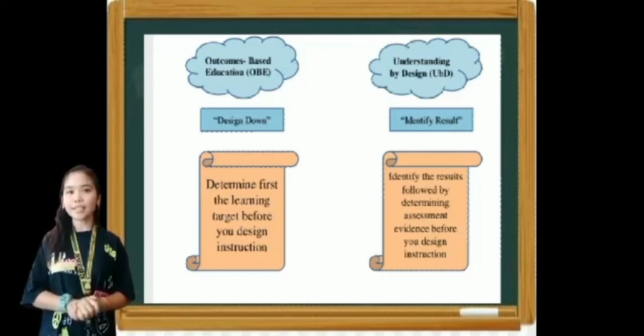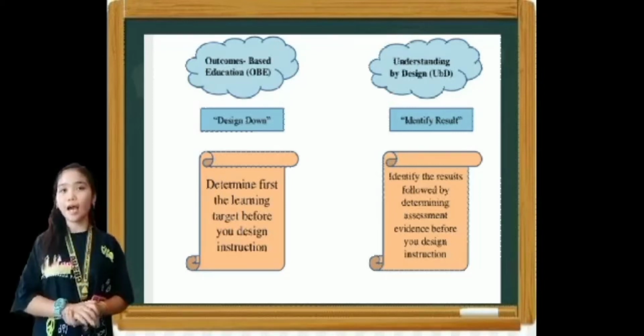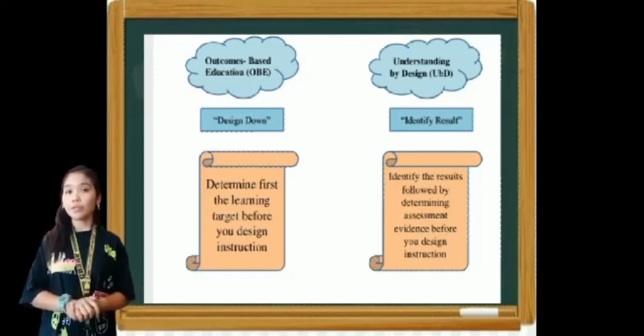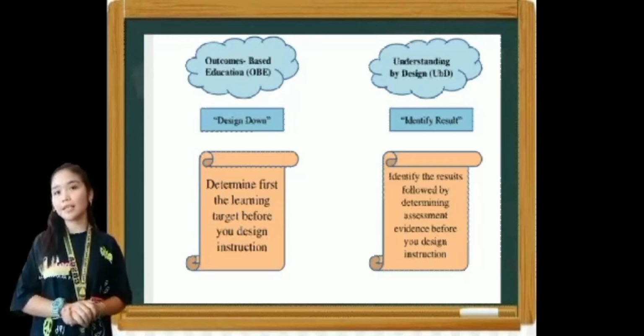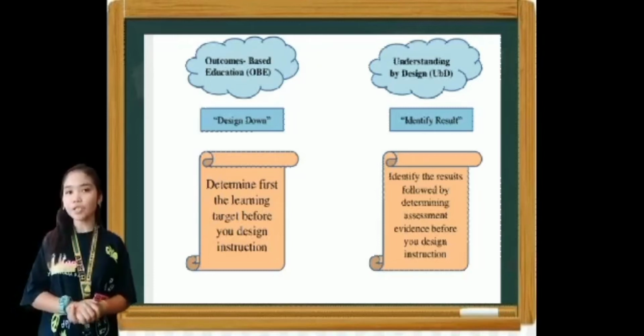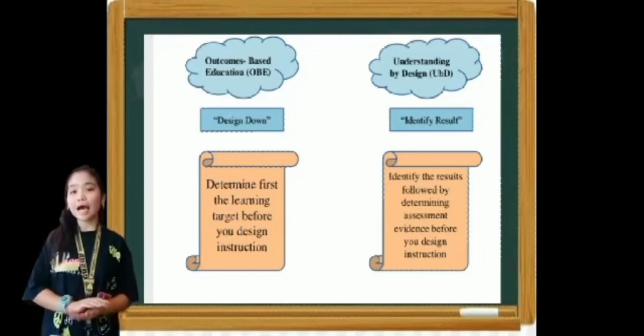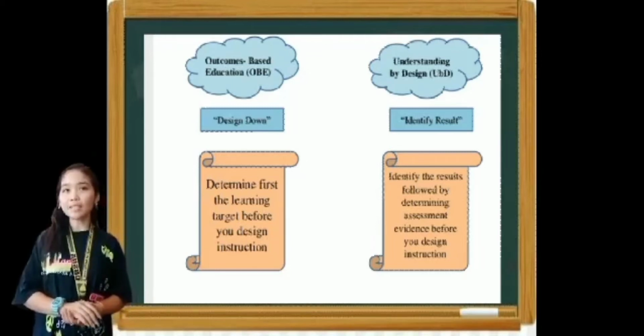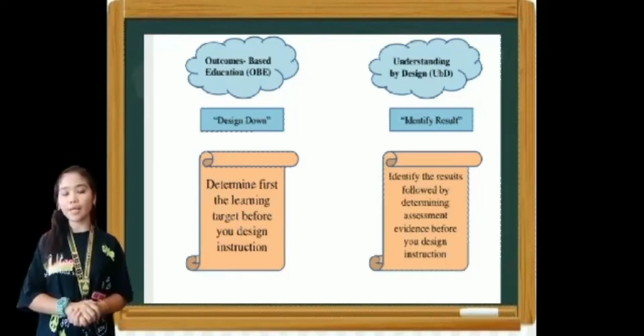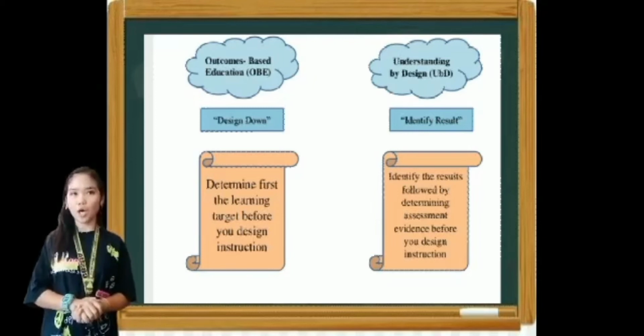While understanding by design is to identify the results, followed by determining assessment evidence before you design the instruction. That's how the two practices of instructional planning differ from each other.